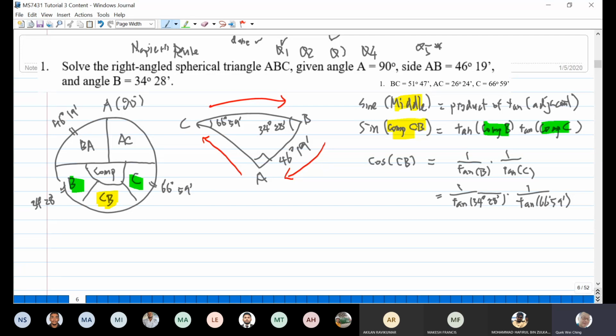It's 0.6188, I think 0.6189. So CB is equal to cosine inverse of 0.6189. Then press calculator cosine inverse, and this time you get 67 degrees, 29 minutes.